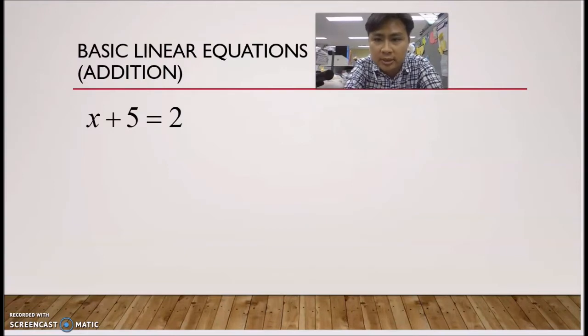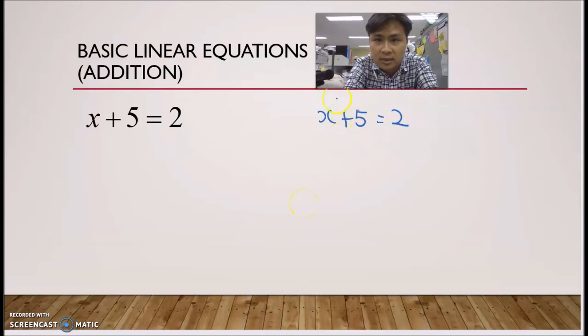Alright, let's take a look at an example over here. x plus 5 is equals to 2. Remember, our objective of solving a linear equation is to solve for the value of 1x. So what we need to do now is remove the 5. In order to remove the 5, we will use the opposite operator.